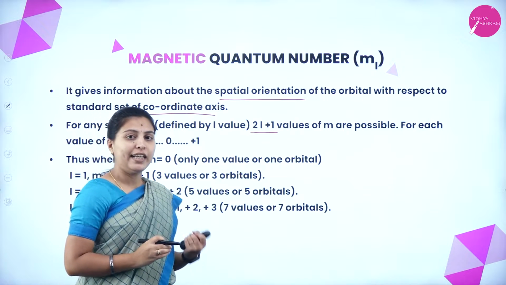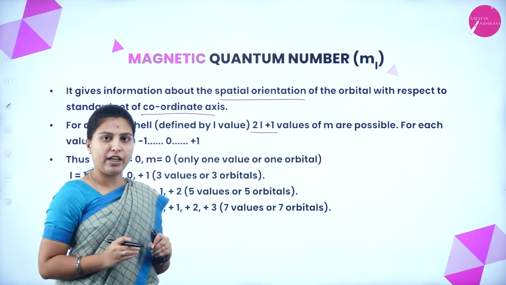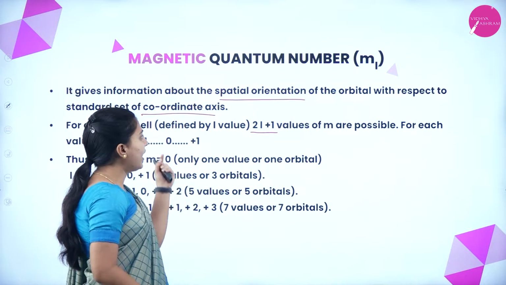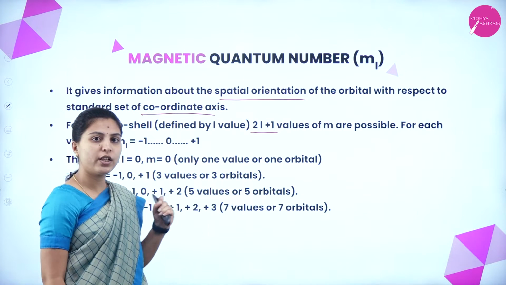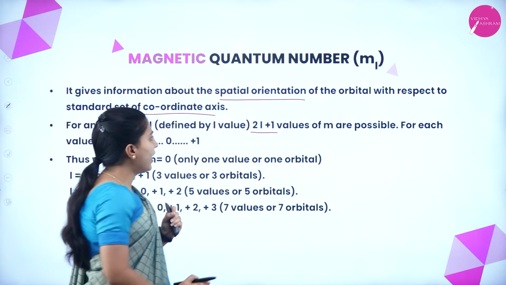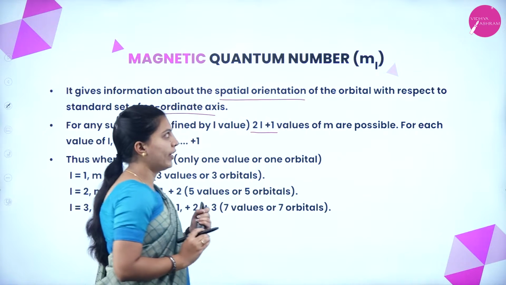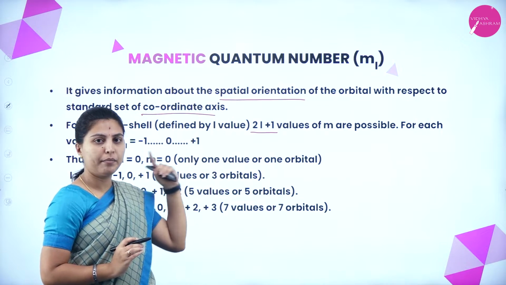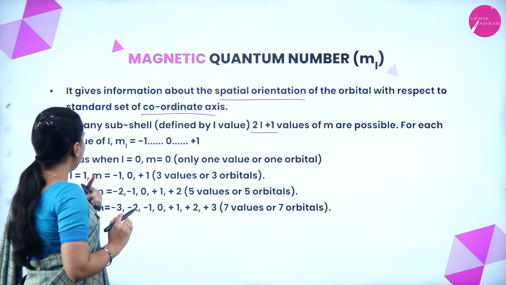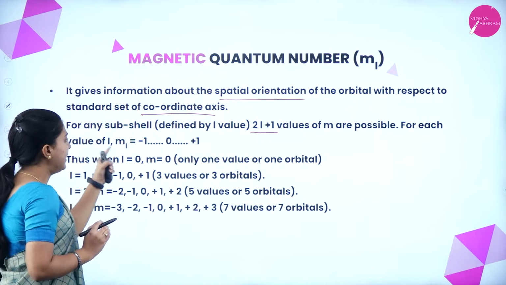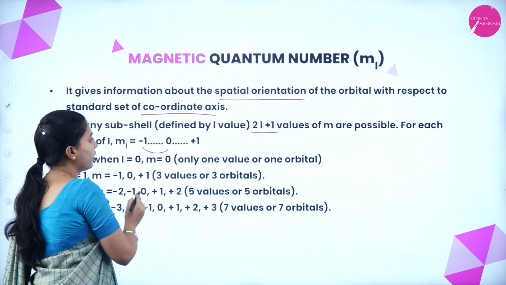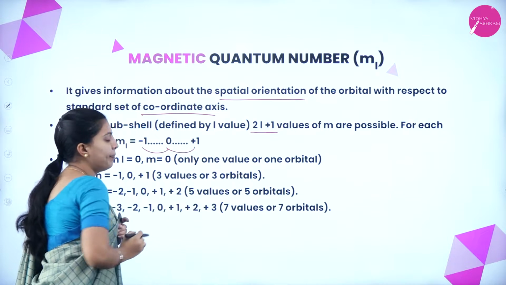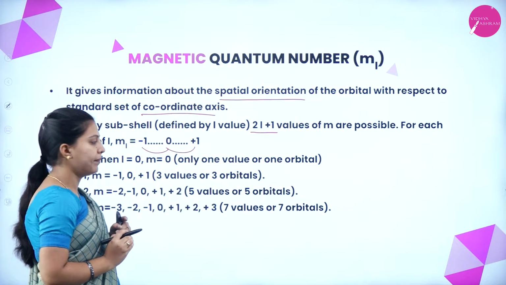For a given l value we are representing the ml value. Here we use 2l plus 1 for calculating the magnetic quantum number. For each value of l, ml will range from minus l to 0 to plus l.